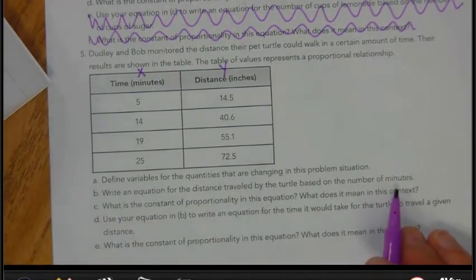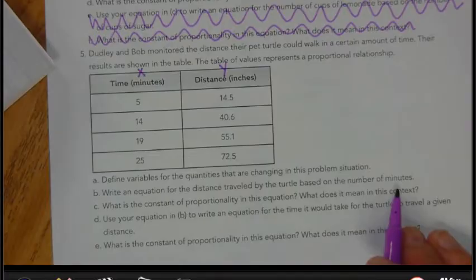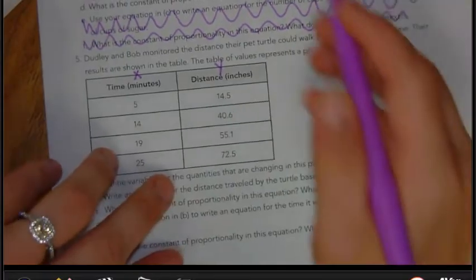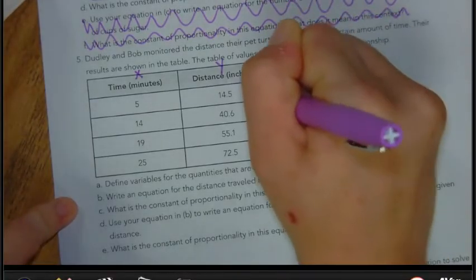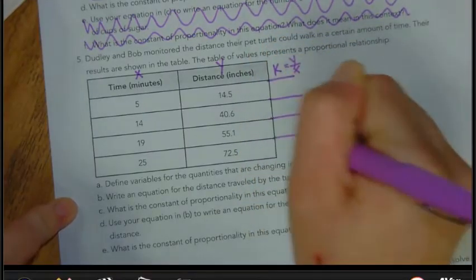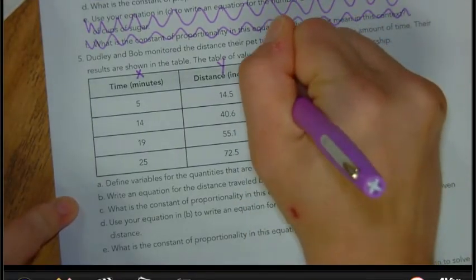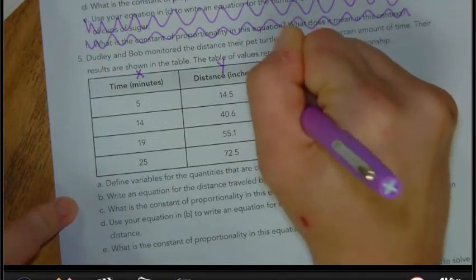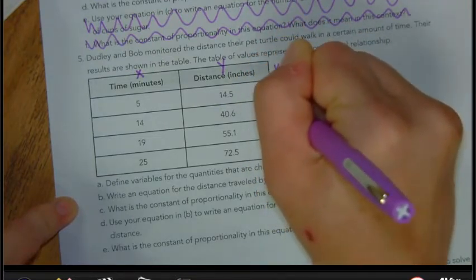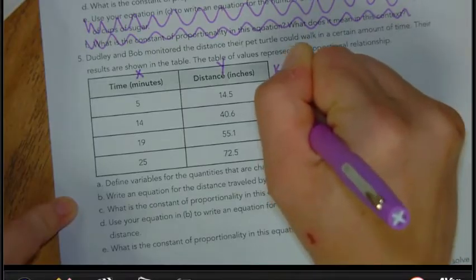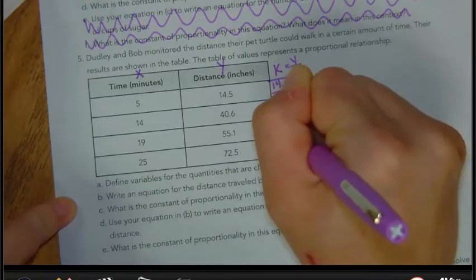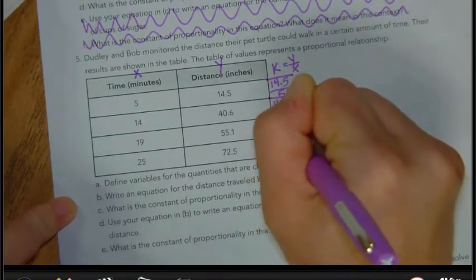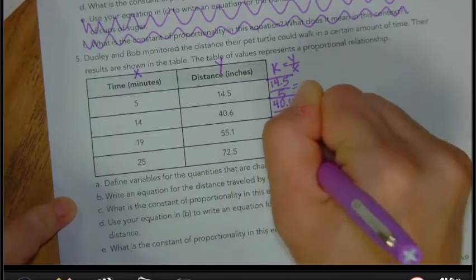Well, I need to find my constant of proportionality. So let's create our K column again. And remember, K is Y over X. If you guys want to go ahead and pause this video, find me your K value. Create your K column, and then find me the K value. 72.5 over 25.